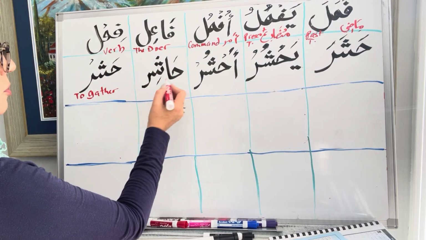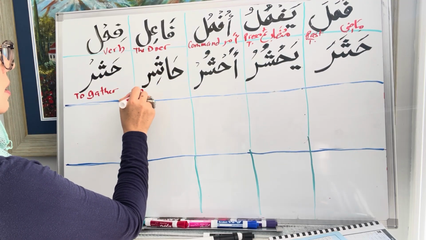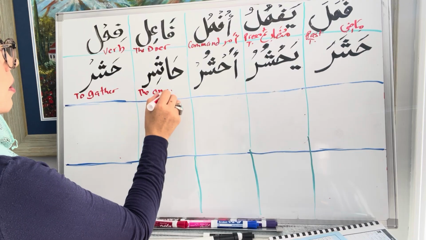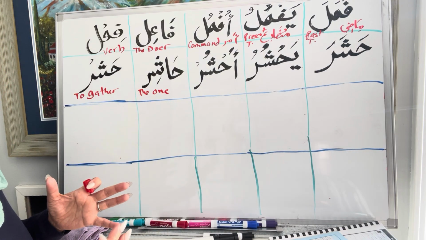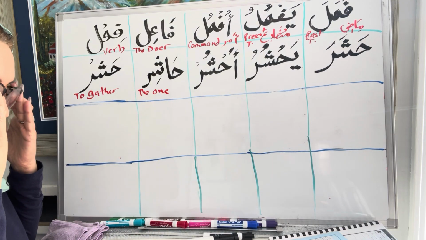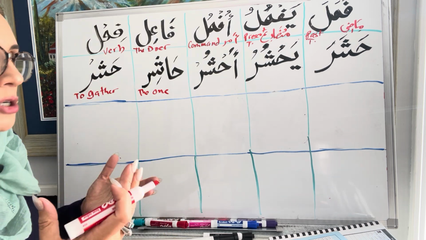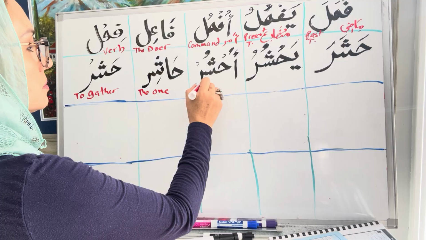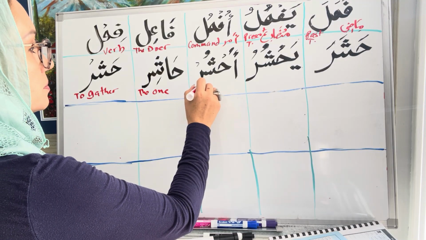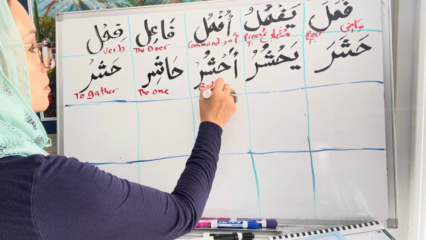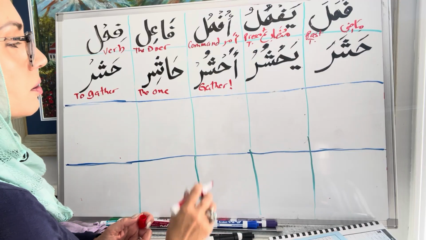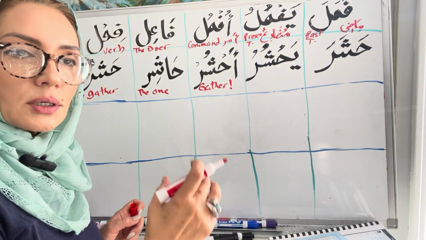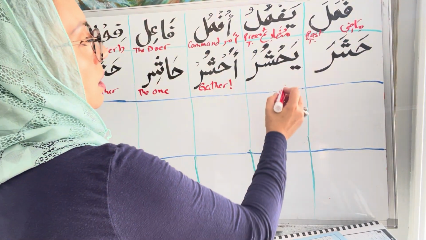Now, hashir, of course, means the one who is doing the action, the one who is doing the gathering. So that person becomes hashir. Uhshur means to gather. This is a command. I always put a little exclamation mark so we know that it's a command.